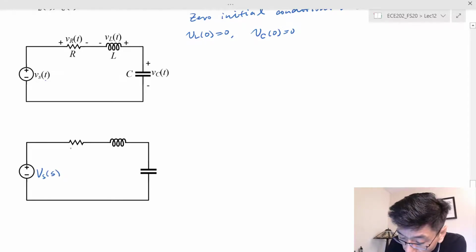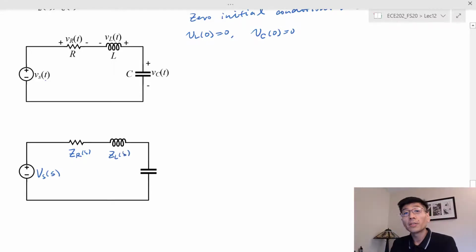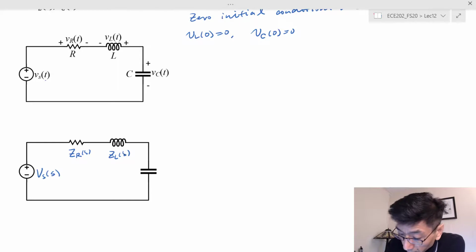The impedances are Z sub R, Z sub L, and we don't have any current source associated with I sub L(t), and we don't have any initial condition associated with the capacitor voltage either, because we have 0 initial conditions.